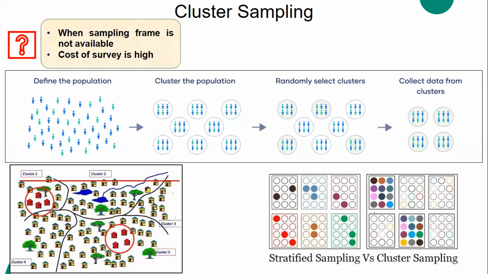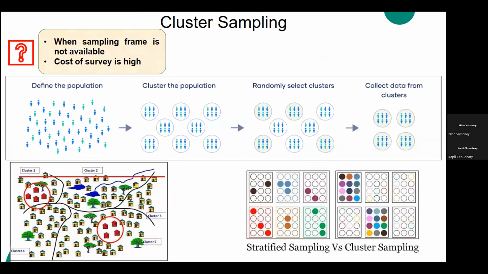Now we come to cluster sampling. So what is cluster sampling? Obviously there is a difference between cluster and stratified. We use it when no sampling frame is available. Earlier I told you about the sampling frame.